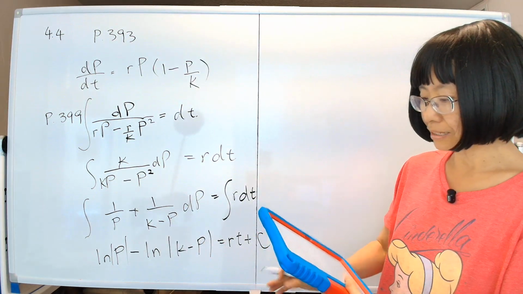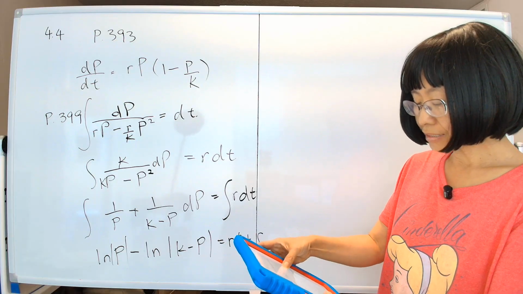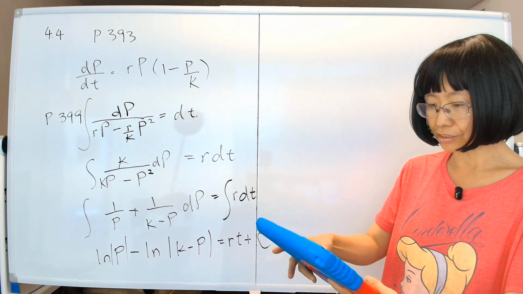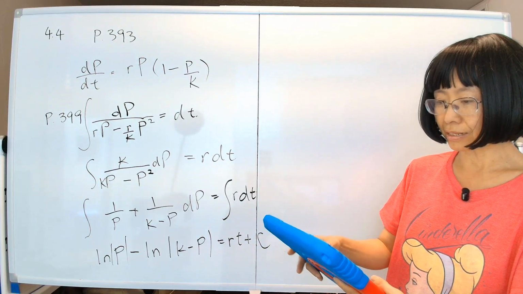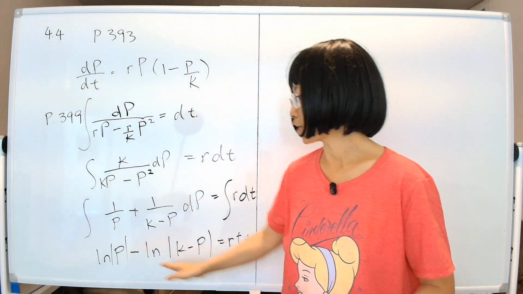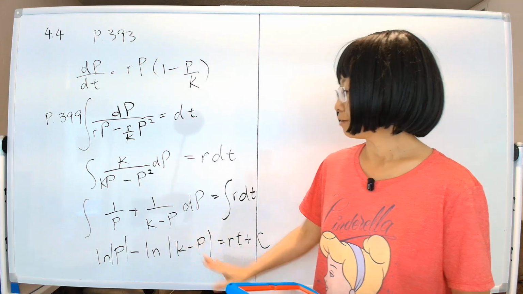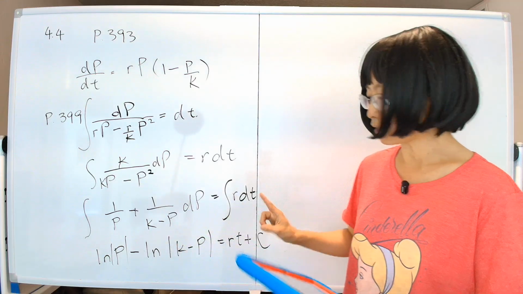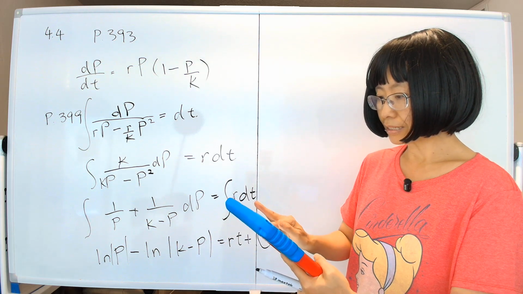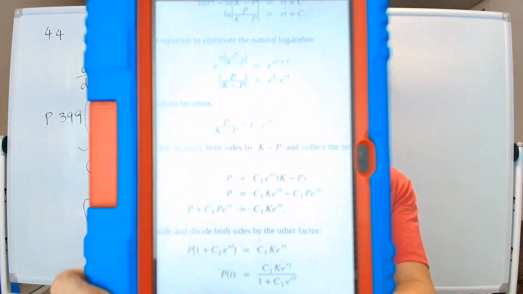Now in algebra, what you do is the subtraction in natural log becomes division, and then once you get everything under one natural log, you slap an e on there, and then the answer will come right out like this.